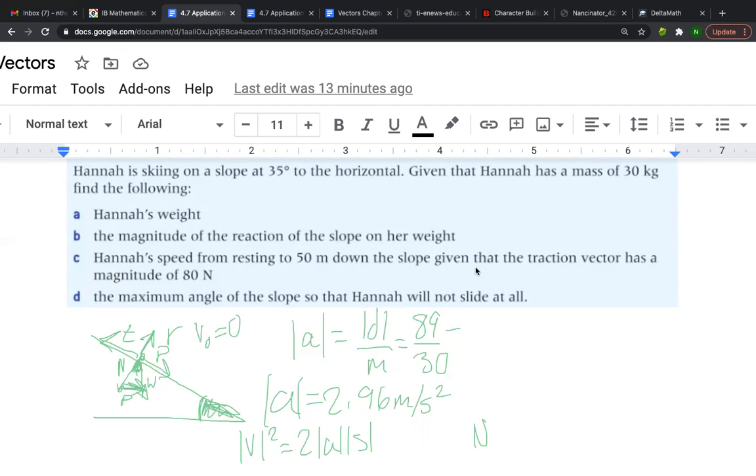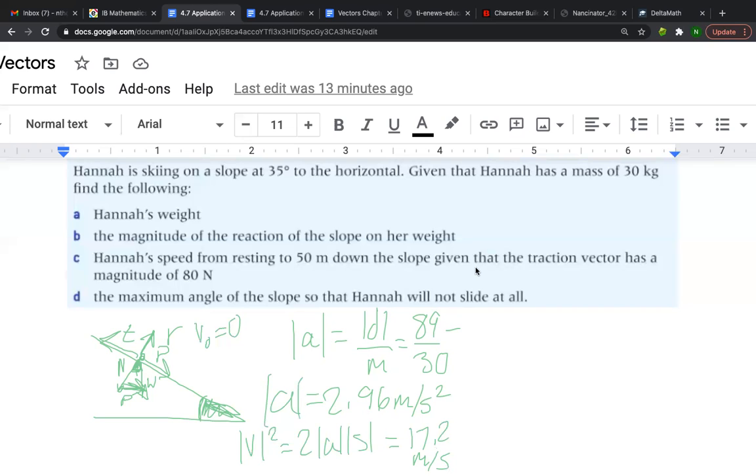When you plug it in and solve it, you should have the square root of 2 times her acceleration of 2.96 times the distance of 50 meters. Once you take that, you should end up getting 17.2 meters per second. Okay, so that was part C.